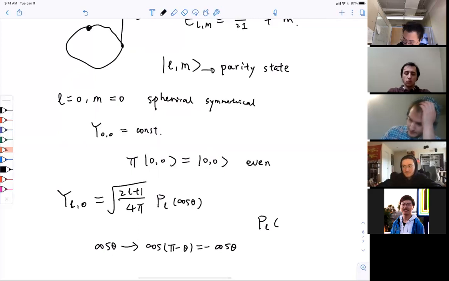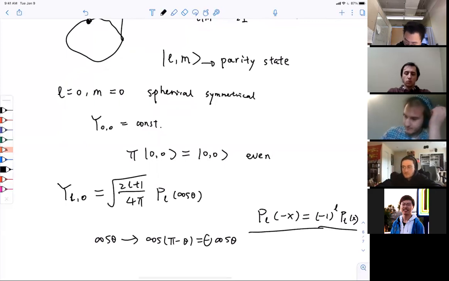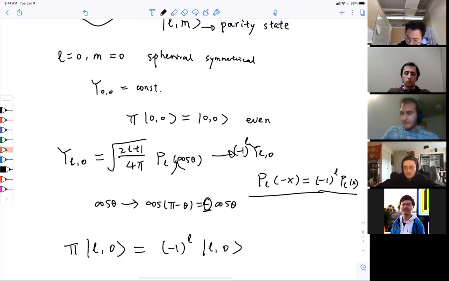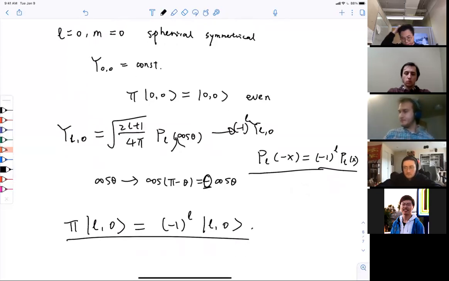Remember this property, P_L of minus x equals (-1)^L P_L of x, just a property of this special function. So the parity operation flips the sign of cosine theta, and similarly it will flip the sign of this one.